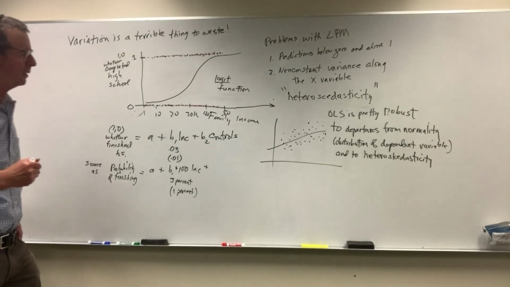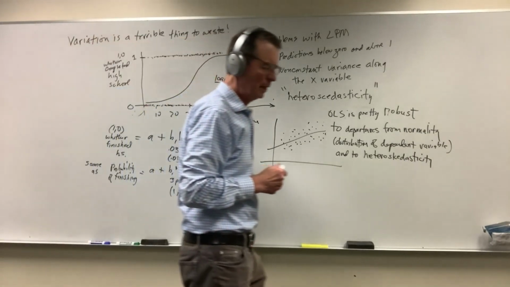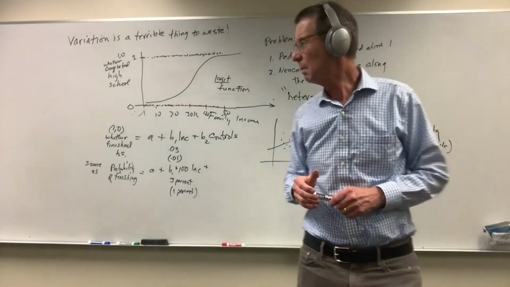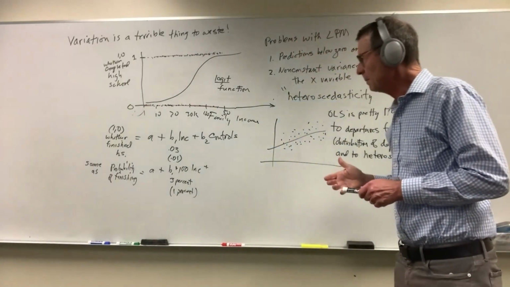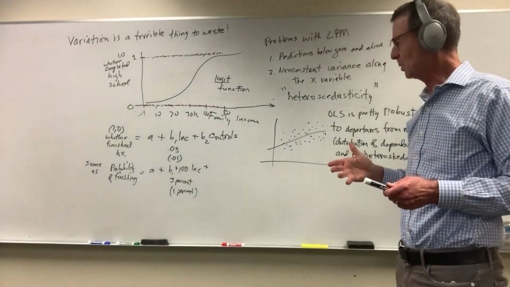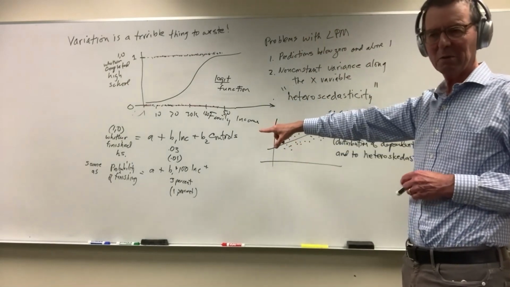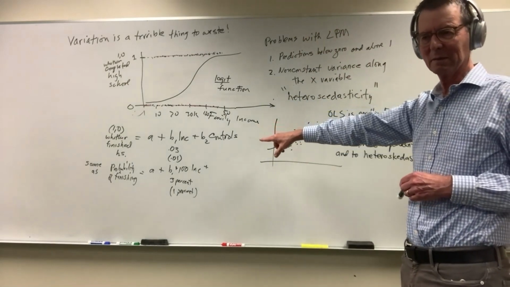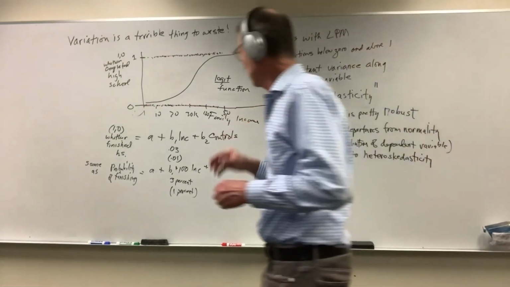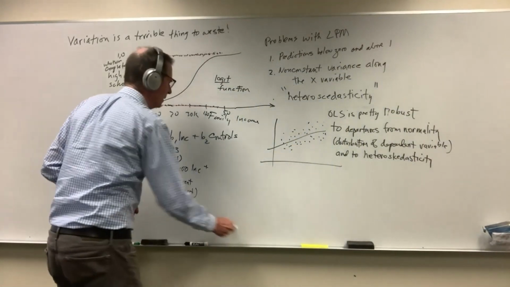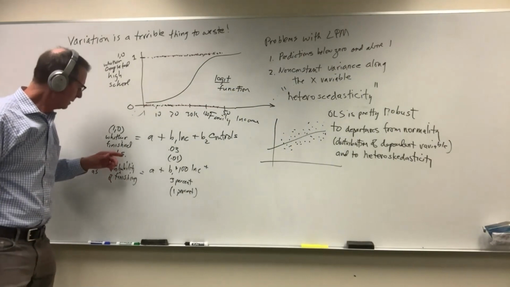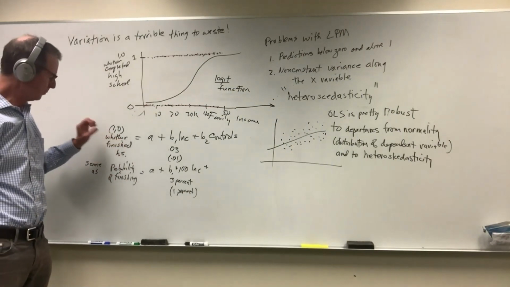But what's annoying about it is the coefficients come out in ways that are much less interpretable than the coefficient in the linear probability model, right? And you can see right away why that's the case. In a linear probability model, we had this 1-0 variable.